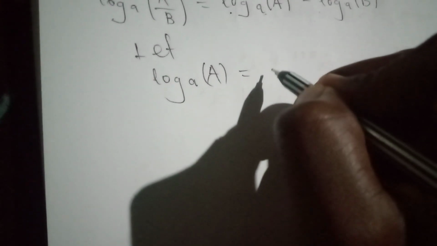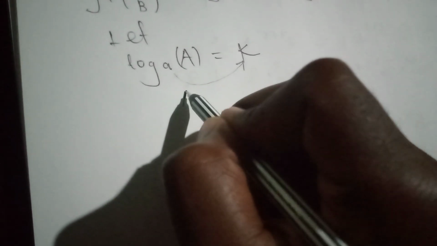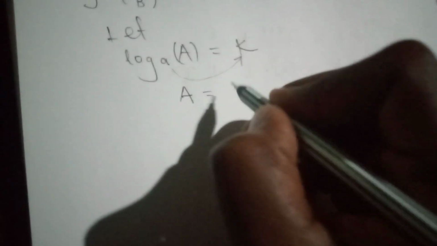So let log a of a over b... let log a of that be equal to any letter of your choice, that is k. So this one is going to shift that one, and we're going to have a is equals to a to power k as your equation 1.